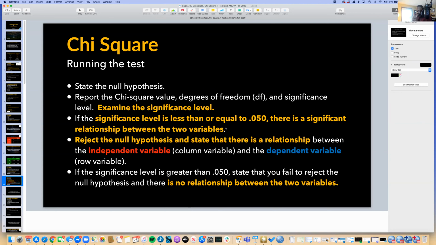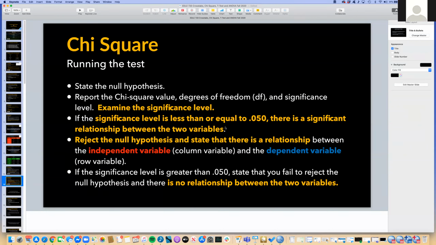So let's just say we're examining gender and hair color, right? 2 categorical variables, and if we run the analysis and the significance level is less than 0.05, then there is a significant relationship between those 2 variables. And then you would reject the null hypothesis and state that there is a relationship between the independent variable, gender in this case, and the dependent variable, hair color, which is absolutely ridiculous. I just pulled it out of the air today.